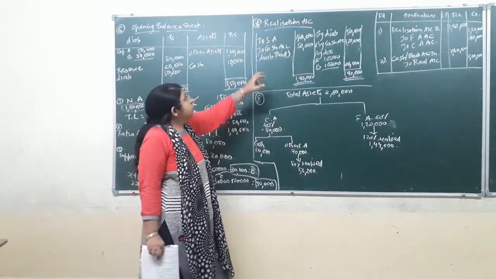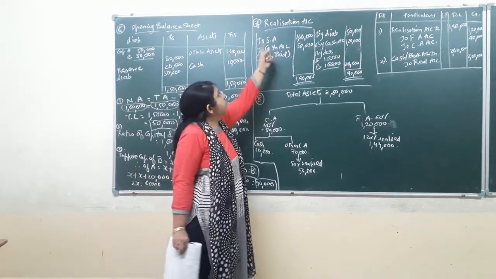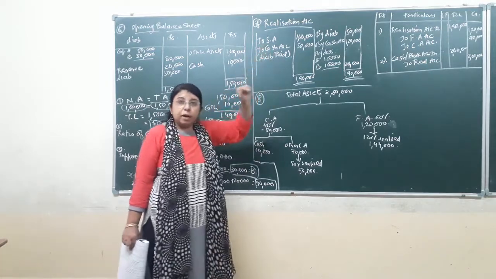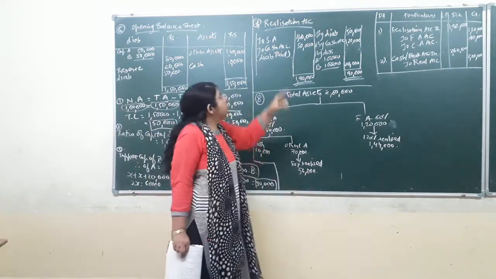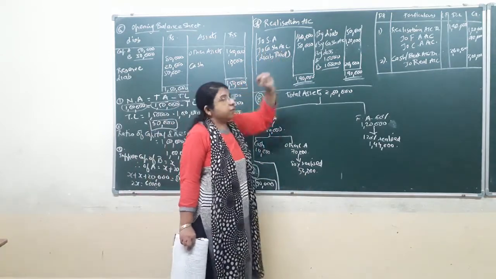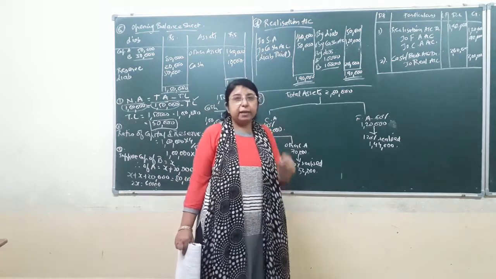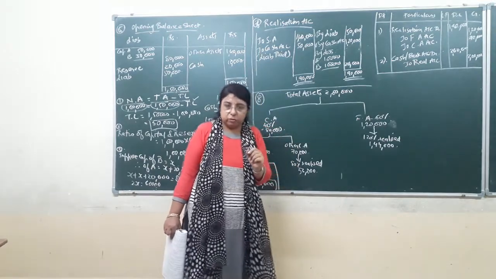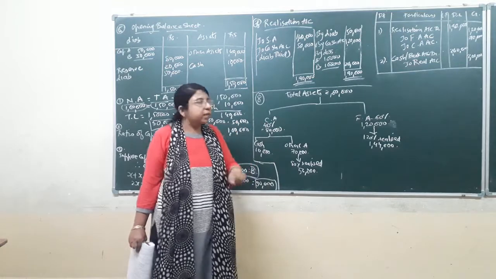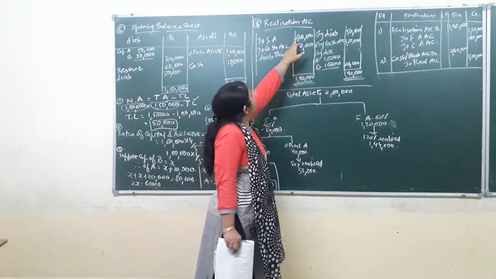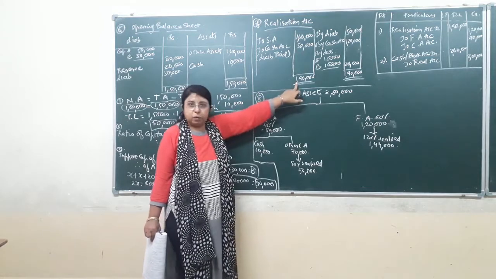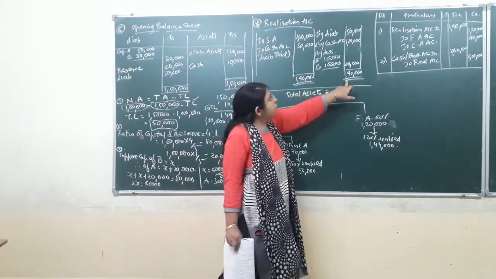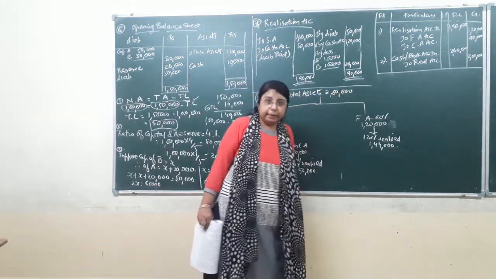Just as we are paying the liability, in the same way we will sell out the assets also in order to pay out the liabilities. So whatever the value of the assets, that is the book value 1,40,000, at which price we are selling those assets, that we have to decide. How can we decide? Here you can see the total of the debit side is coming to 1,90,000. That same total I am putting over here, 1,90,000.